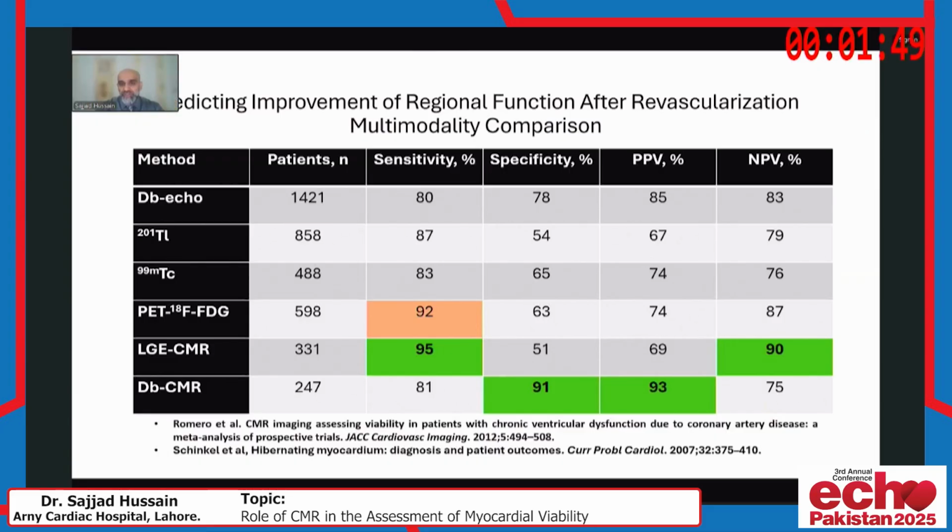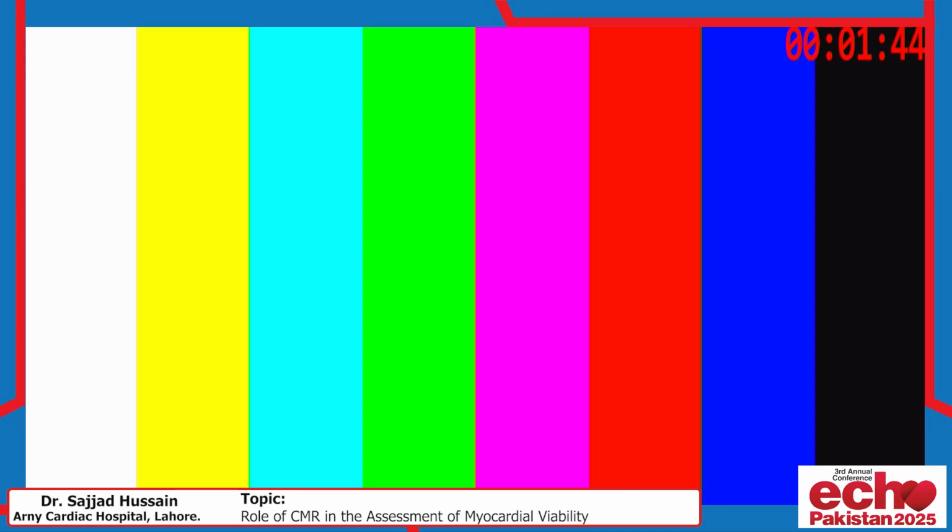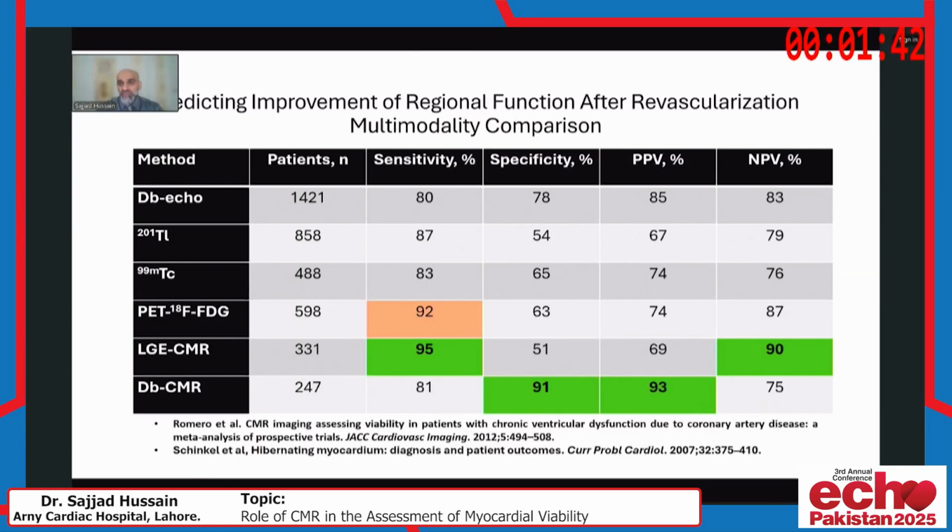And the dobutamine CMR has a higher specificity with a positive predictive value. So the way to go forward is you combine the two, and that gives you a better result in terms of predictability.